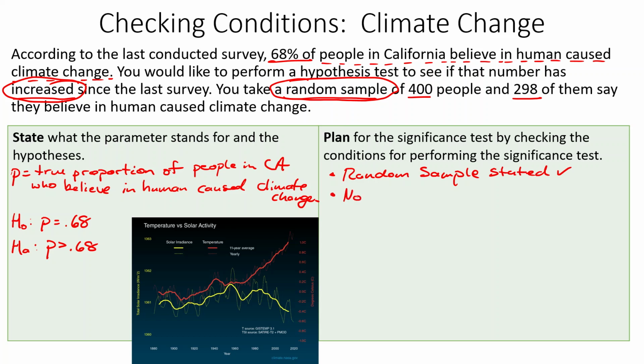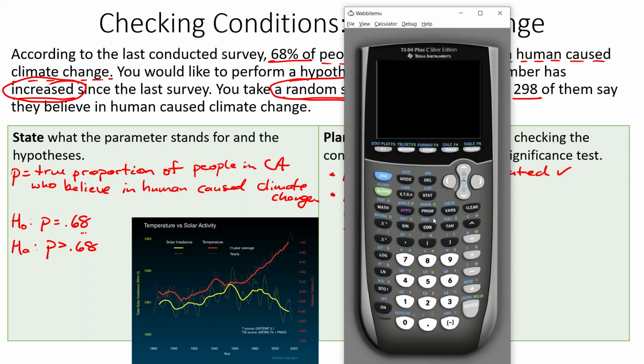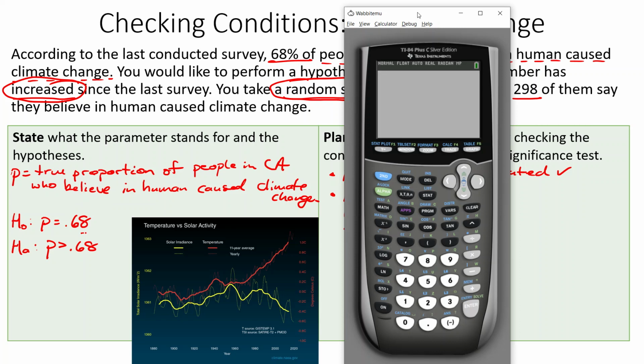All right, next one, the normal condition. So our N is 400 total people. That's always the bigger of the two numbers. Our P naught was our null hypothesis here, 0.68. So 400 times 0.68 and 400 times 1 minus 0.68. And we want to see, are those greater than or equal to 10? I don't know those numbers off the top of my head, so I'm going to pull out my calculator.